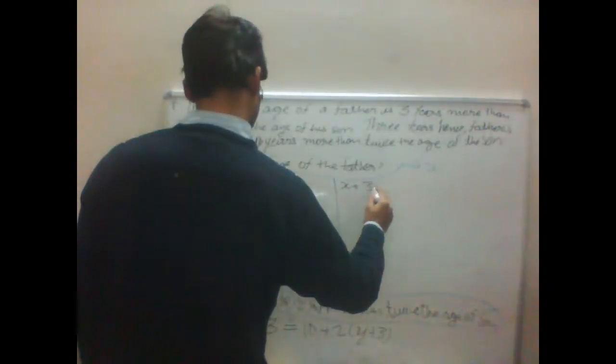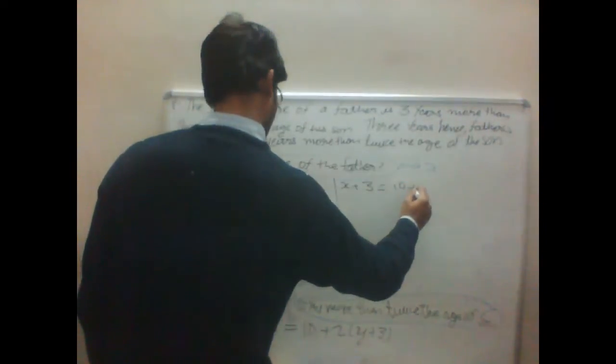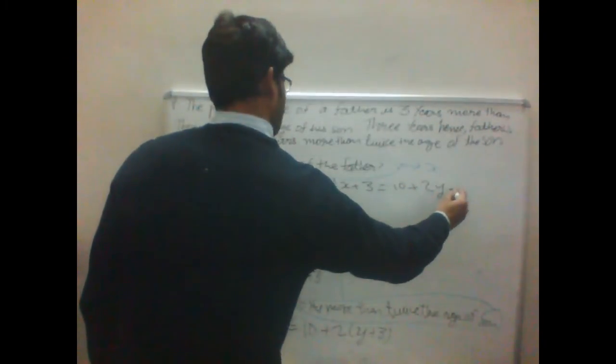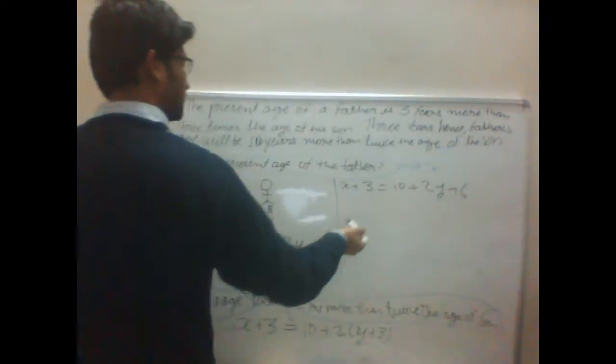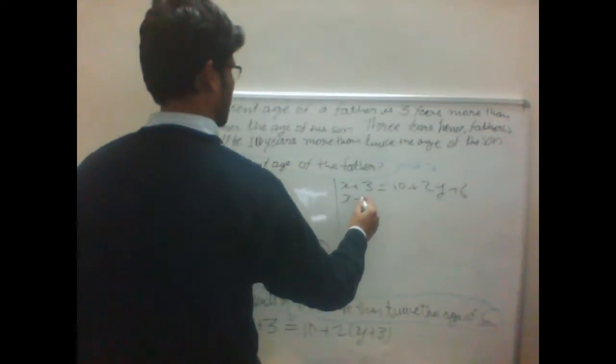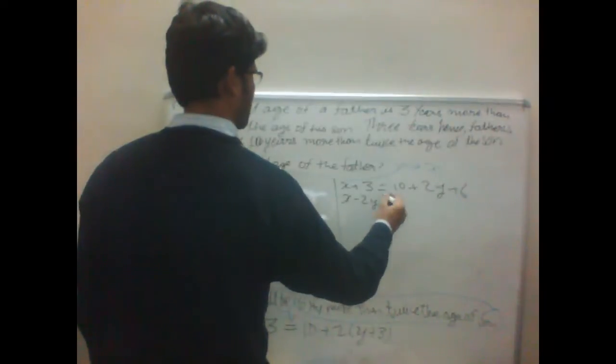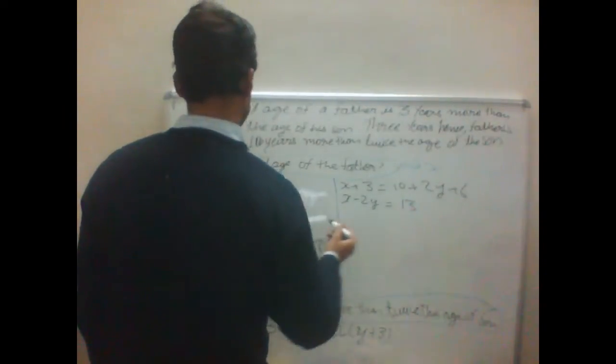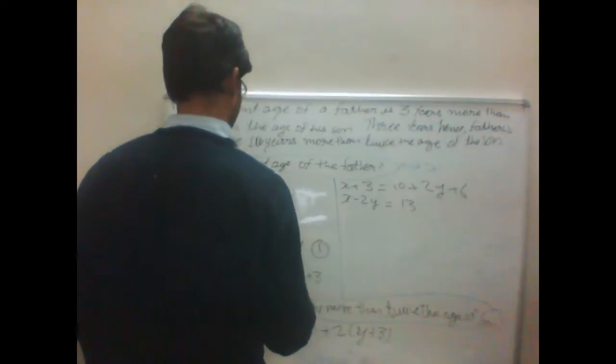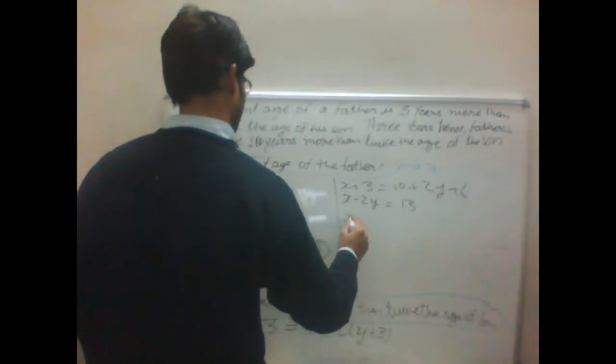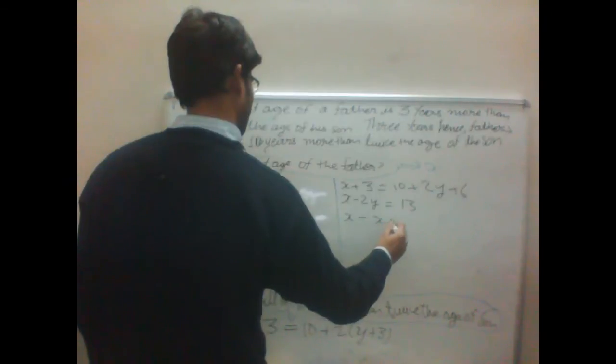x plus 3 equals 10 plus 2y plus 6. We have to chase for x. So x minus 2y is equal to 16 minus 3, which is 13. And y is equal to, there is your x, (x minus 3) upon 3.